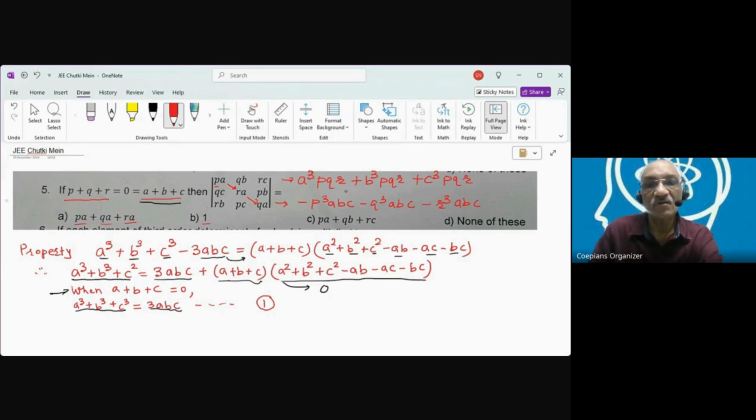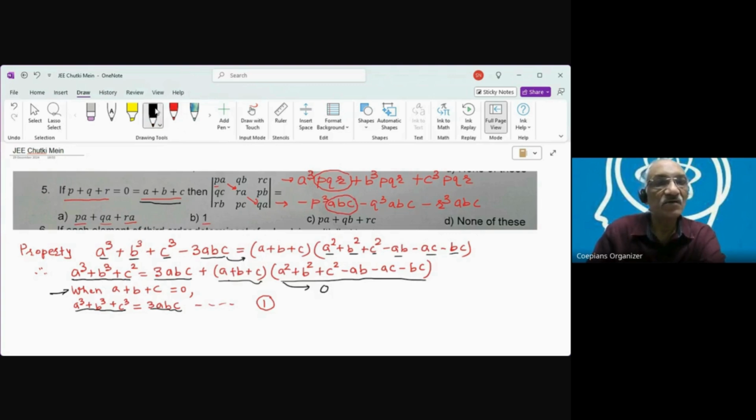So a cube pqr plus b cube pqr plus c cube pqr minus p cube into bracket abc minus q cube into bracket abc minus r cube into bracket abc. If you take this from the top, you can take pqr as common, and from the bottom you can take abc as common.